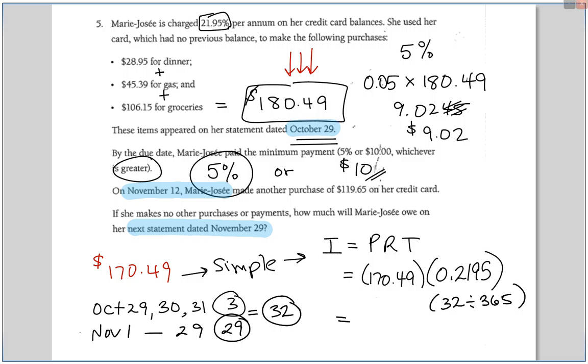Where did I screw up? It's the number of days. I included October 29th, but that's from the previous. So the next statement would start on October 30th. So small adjustment, it's altogether 31. Sorry, 1 less day. So it's $3.18 interest.